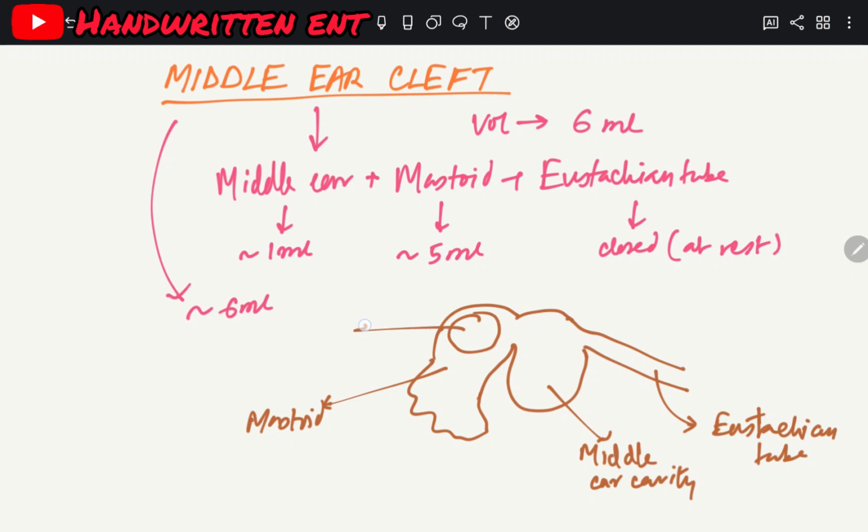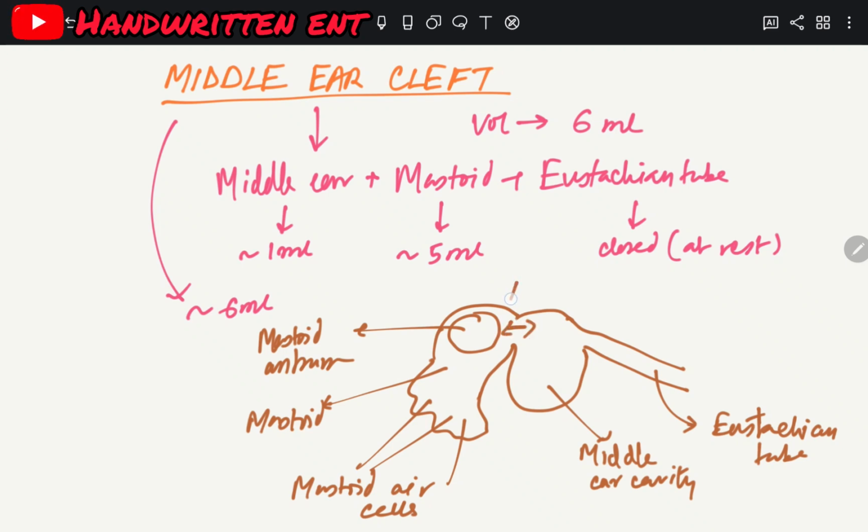This part specially is the mastoid antrum. These are the mastoid air cells, and the connecting part between the middle ear cavity and the mastoid is known as aditus.